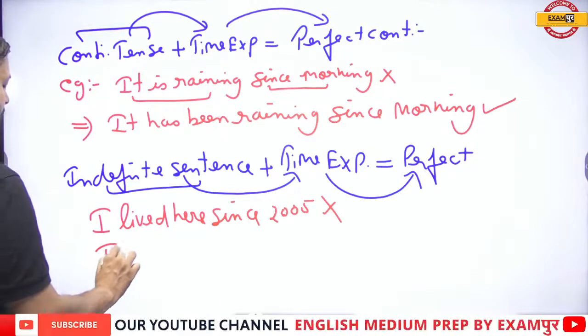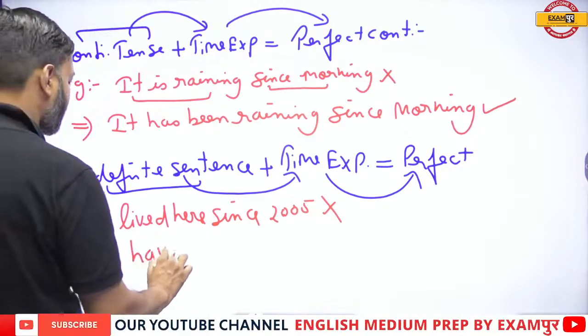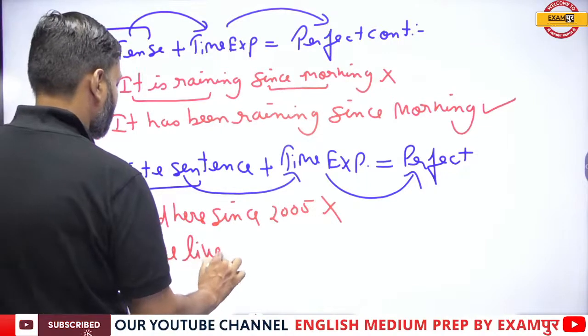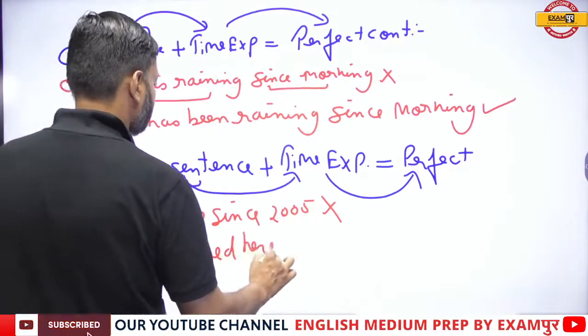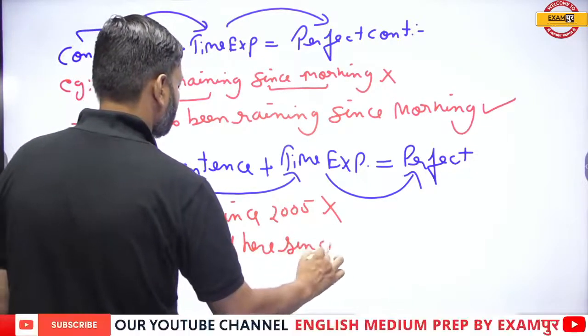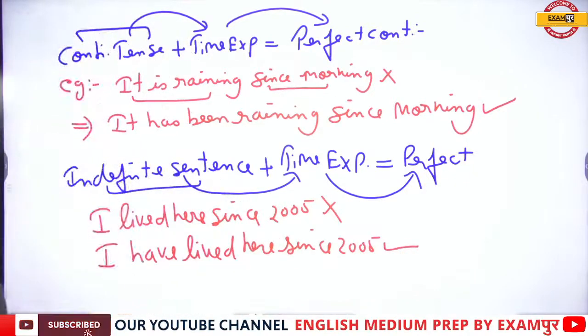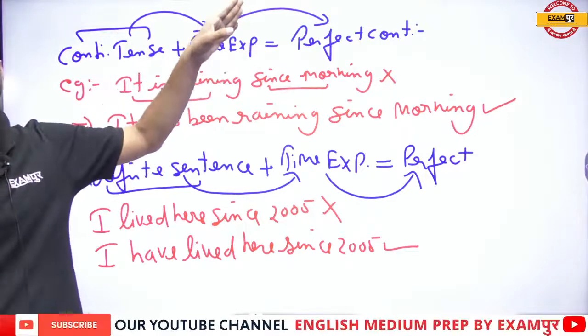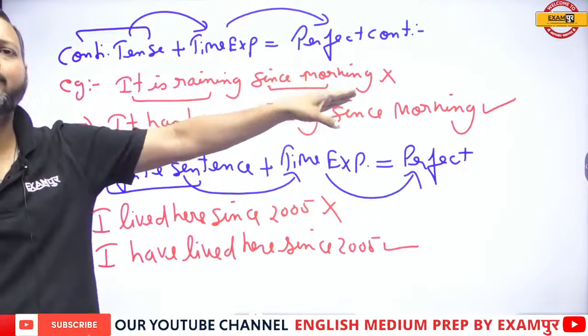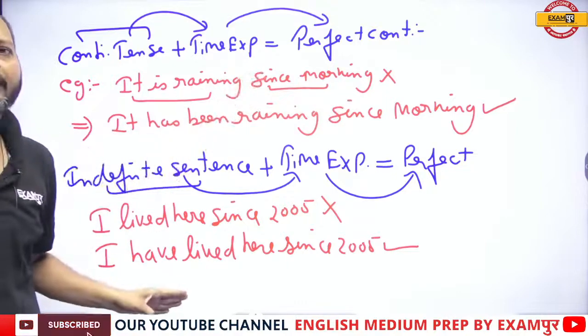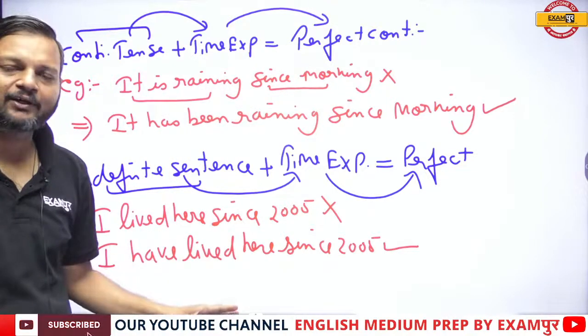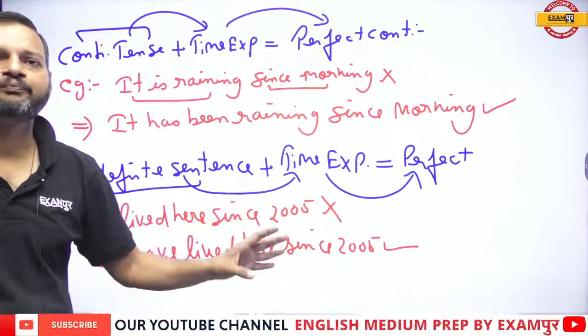So "I have lived here since 2000." Okay, so remember these two things. If a continuous tense has time expression, it must be changed into perfect continuous tense, and if an indefinite sentence has time expression, it must be changed into perfect tense.